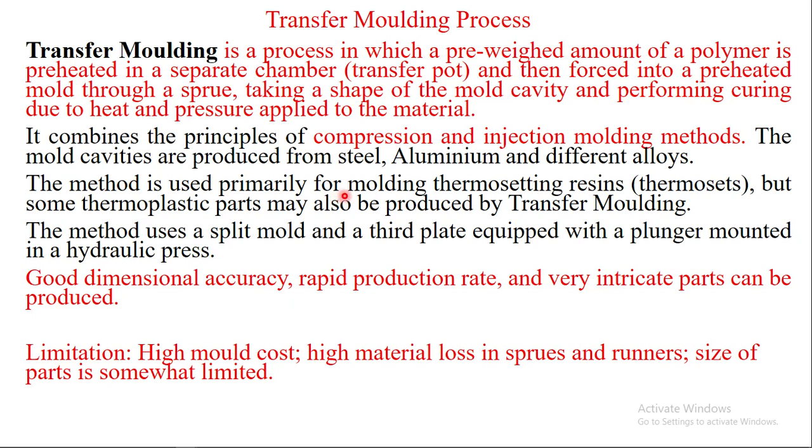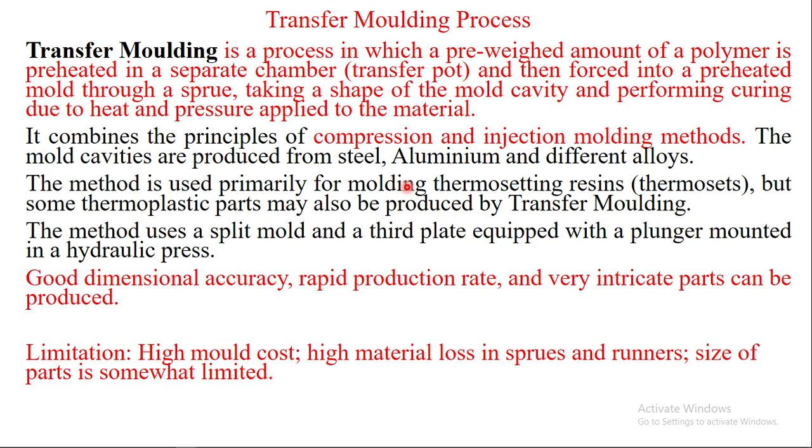Thermoset, as I mentioned before, plastic materials are synthetic and semi-synthetic materials classified into thermosetting and thermoplastic materials. Transfer molding is used for thermosetting, but some thermoplastic parts may also be produced by transfer molding. Most of the materials used are thermosetting.